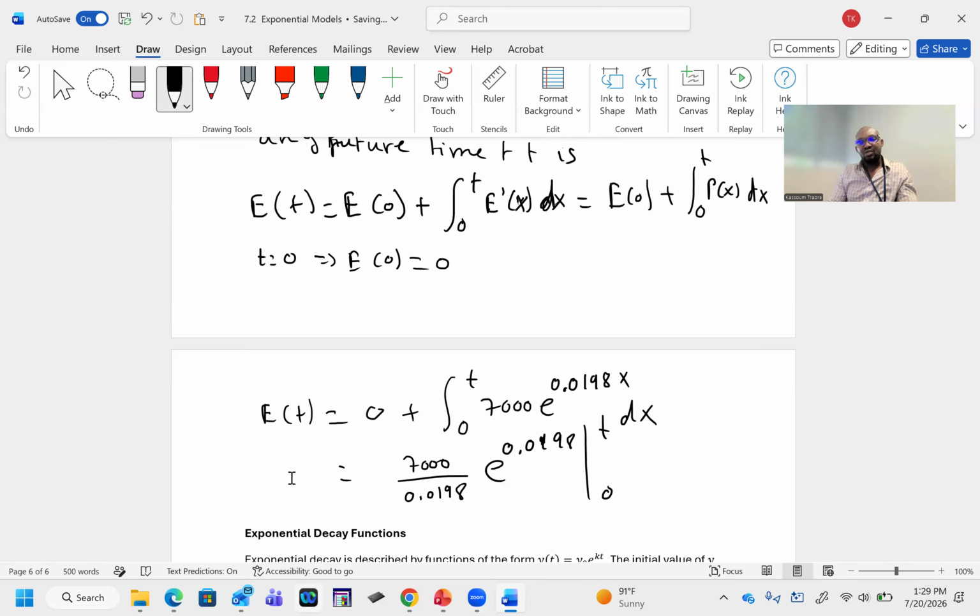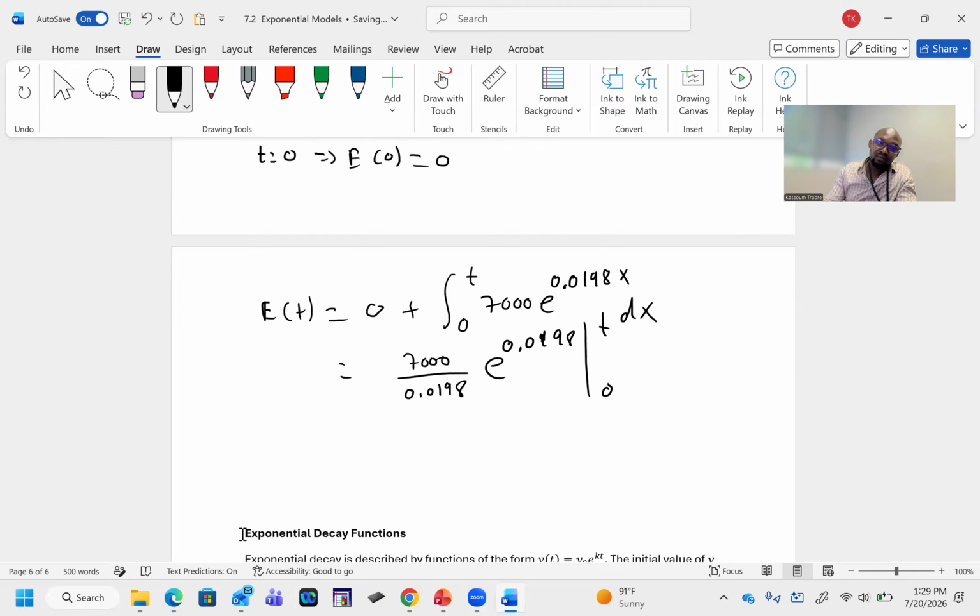So my function E of t would be approximately 353,535 times e to the power of 0.0198 t minus 1.